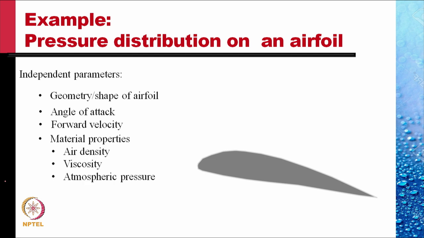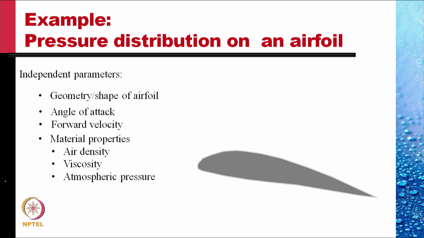Material properties: the air density, the air in which the airfoil is moving, the viscosity of air, the ambient atmospheric pressure. These are all independent parameters. They do not depend upon the phenomena. They are not results, they are inputs.